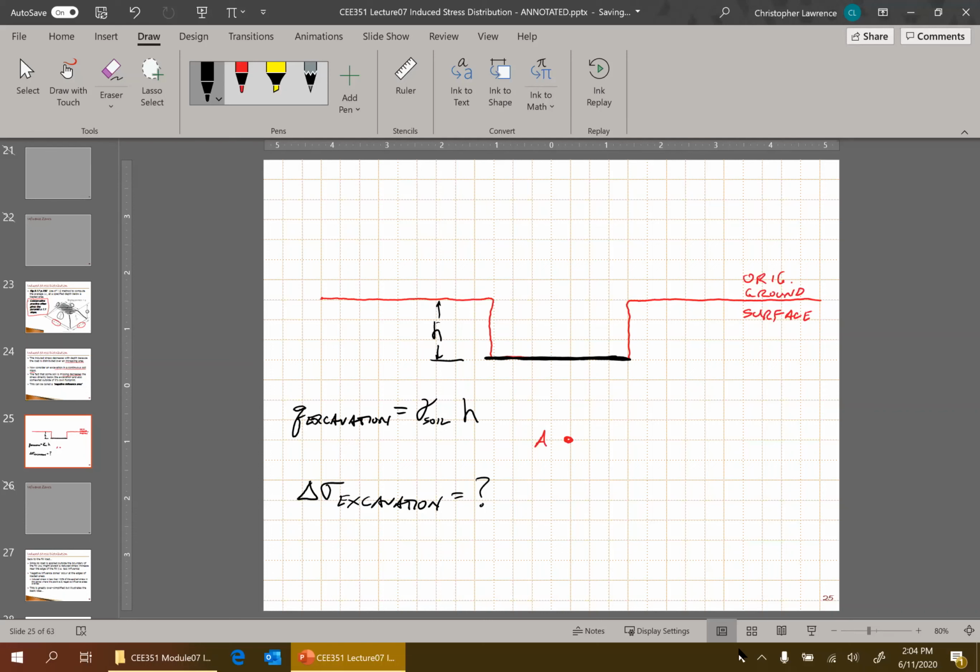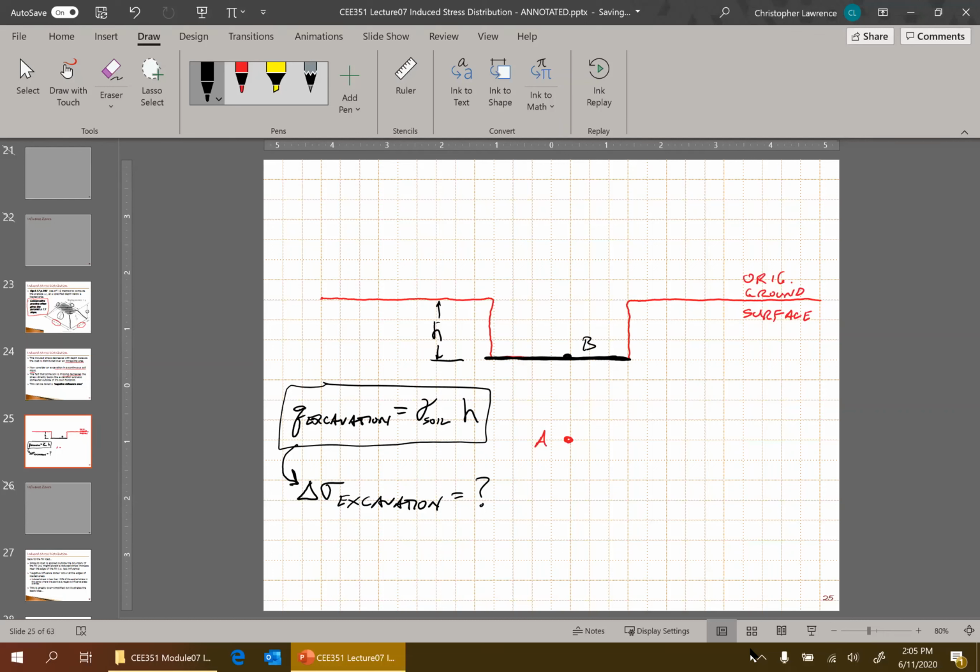I'll call this point B. The stress reduction that occurred at point B is equal to the weight of soil that was removed. And that's right here. But the question is, how does that influence point A?